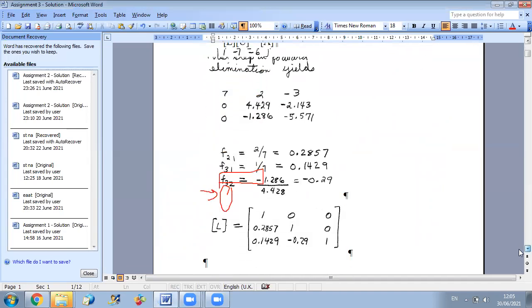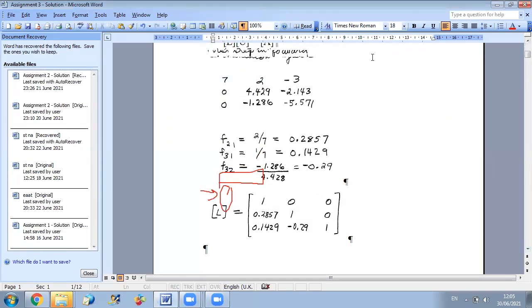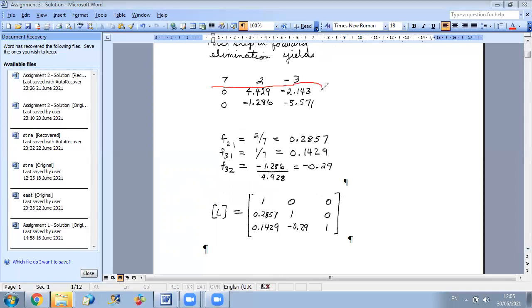So I write my updated matrix, and I say that now I will move to the second row as pivot equation. I should check now if the pivot element, which is now the second element, is larger than all elements below it. So please pay attention, below it. I don't look anymore at the elements above it.